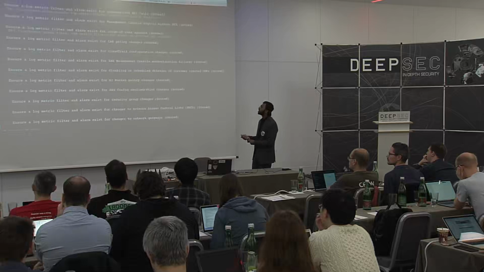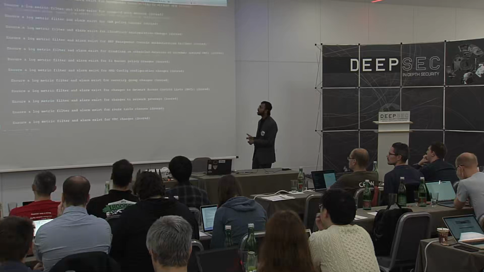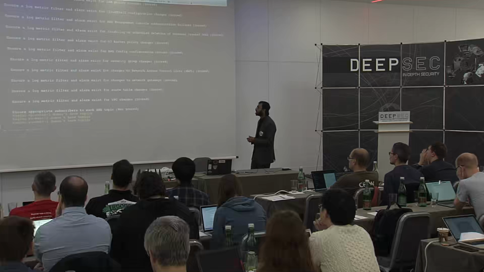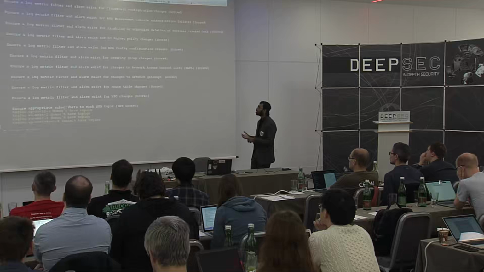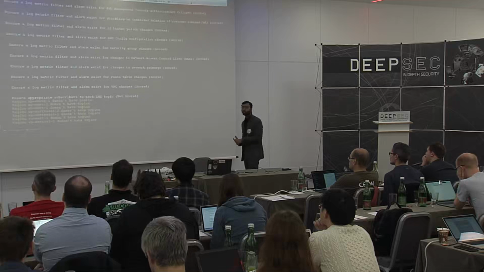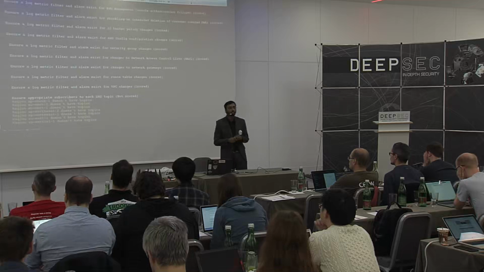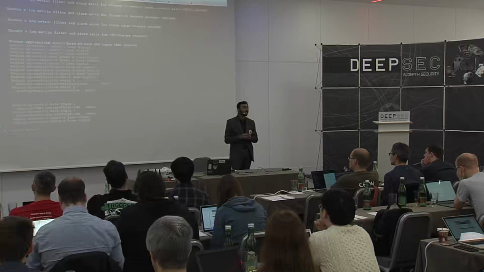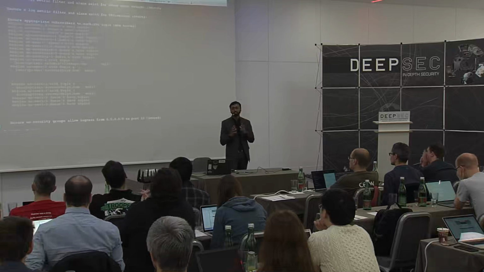Now you can see things in amber as something which is like a warning, and then a lot of reds which is showing you that you are missing out on something. So you don't have an alarm for VPC changes. VPC is like a closed cloud, a small cloud inside your account, and everything inside a VPC can interact with each other.